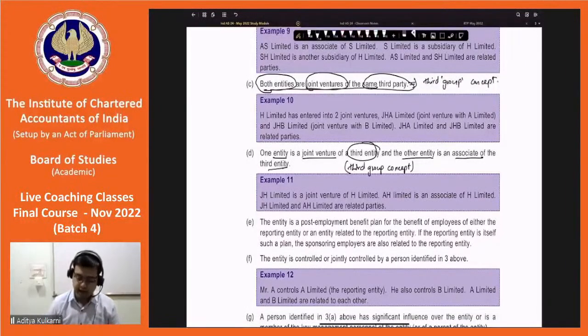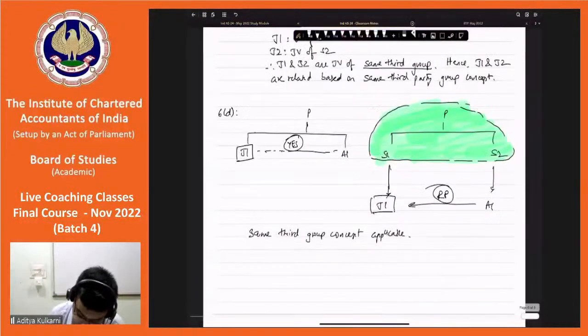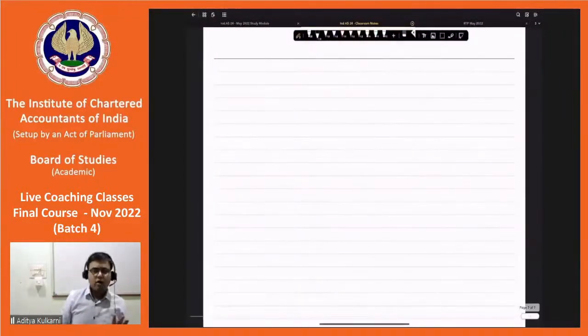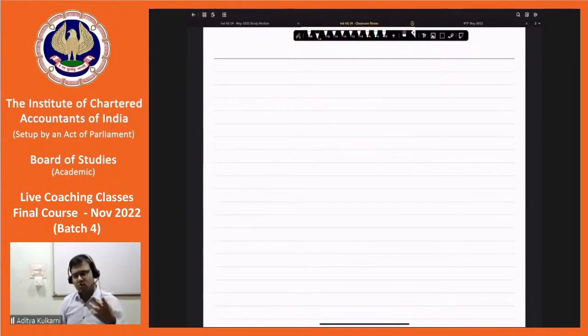Okay, so Priya Garg has confirmed that it is clear. So now, overall, we are almost done with the reporting entities part. Only two are left, which is quite simple. Now the question is, how do I remember this?